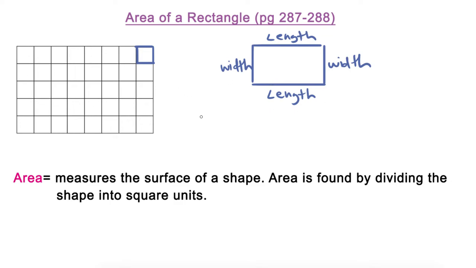Last time I hinted that you can multiply to figure out the area instead of counting up all the individual squares, because you won't always have these squares to count.